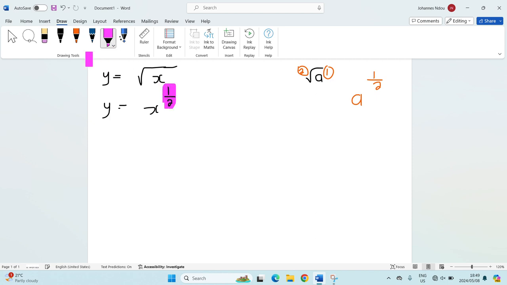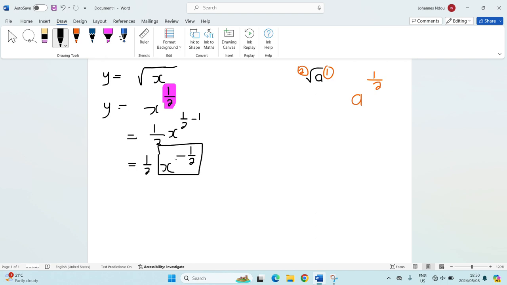Now what do I do? I apply the power rule. I've got 1 over 2 as my exponent this time. Well, I'm going to move the 1 over 2 to the front, and then x, subtract 1 from 1 over 2. Now I'm going to have 1 over 2 x. Now 1 over 2 minus 1, a half minus 1, we're left with a negative half. This means I can take this part down because of the negative sign.